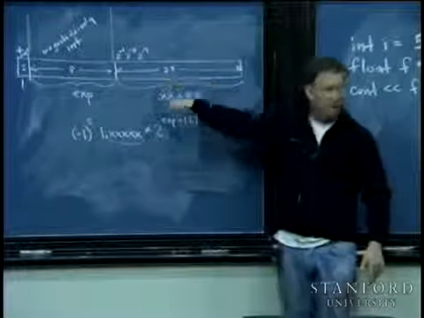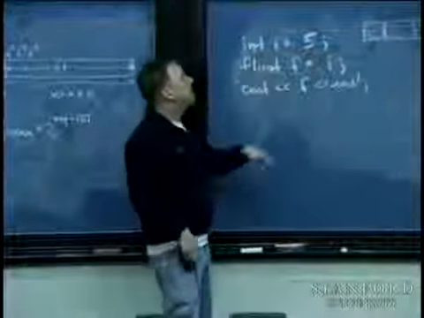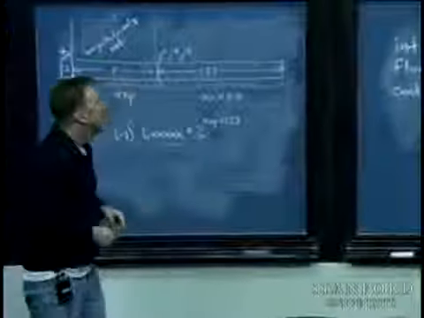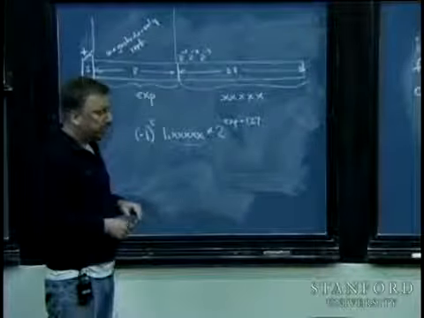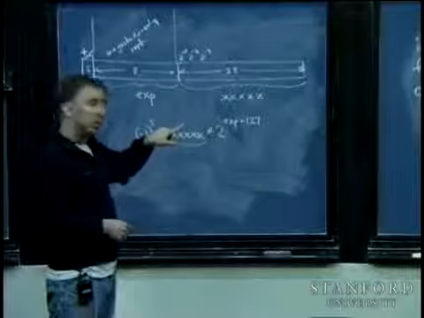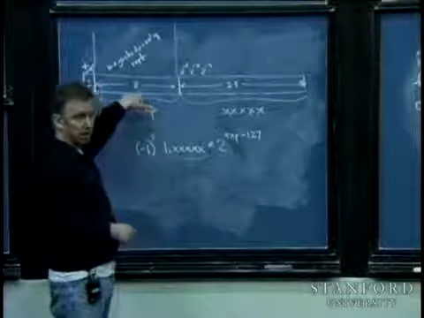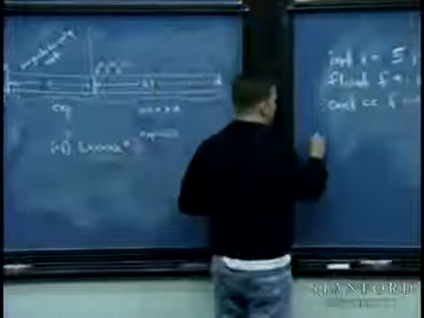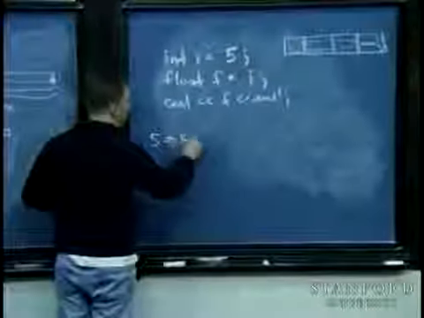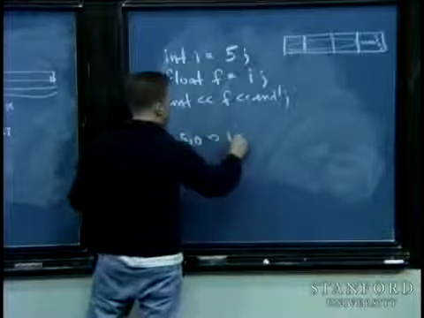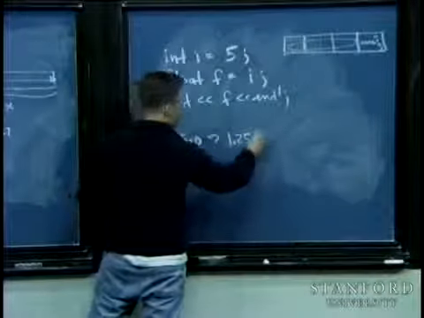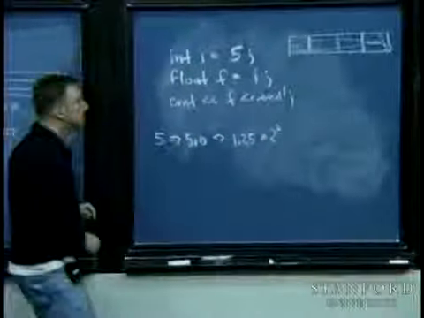Does that make sense? The 5 isn't 5 so much as it is 1.25 times 2 to the second, as far as this is concerned. So when it's interpreted as 5.0, it's really taken to be 1.25 times 2 to the second.